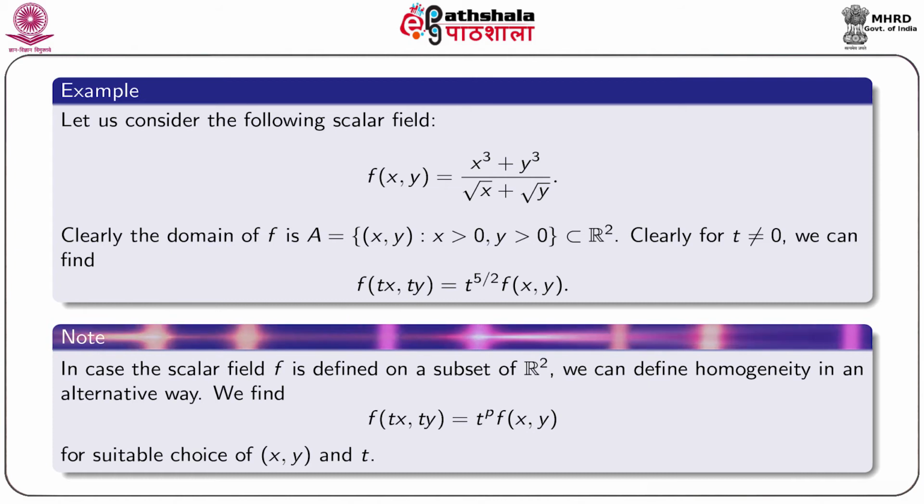Now, let us consider one remark. In case the scalar field f is defined on a subset of R2, we can define homogeneity in an alternative way. We define like this: for every suitable choice of ordered pair (x, y) and real t, f(tx, ty) equal to t to the power p f(x, y).